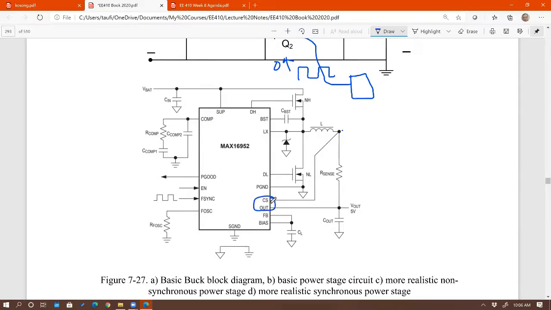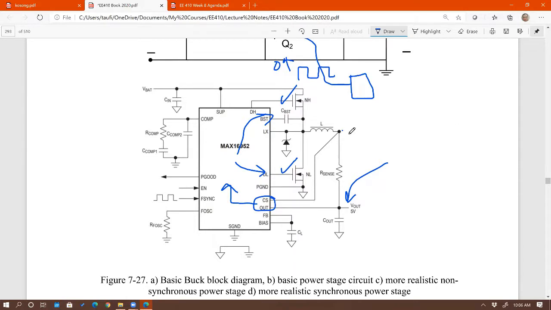So it senses the output voltage, processes it, and produces a PWM signal to regulate the output voltage, by sending a signal to both the top MOSFET and the bottom MOSFET. So it has two outputs, there and there.